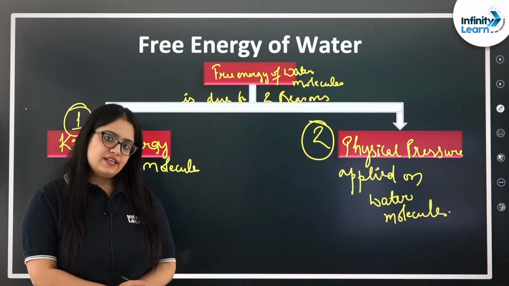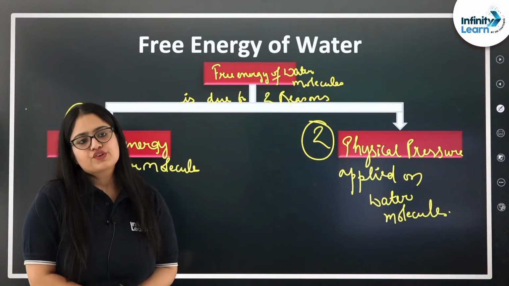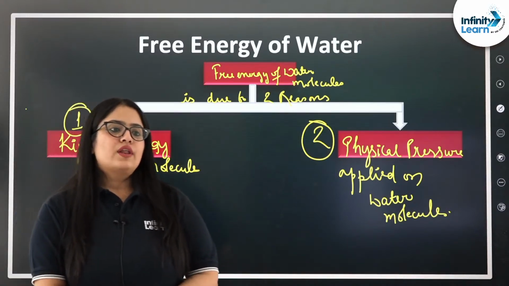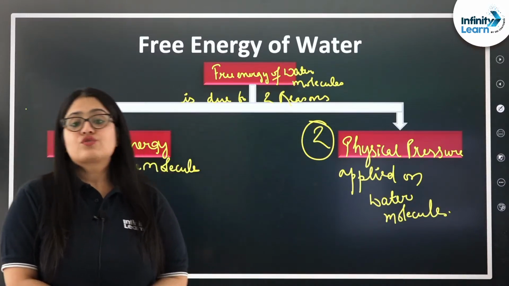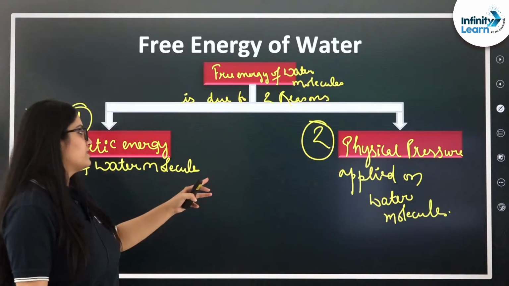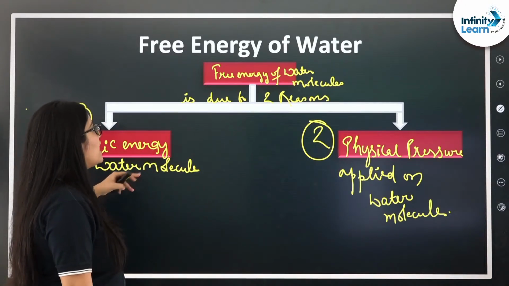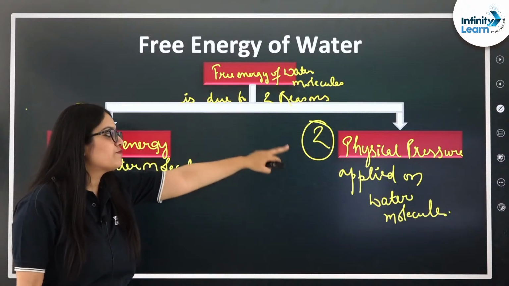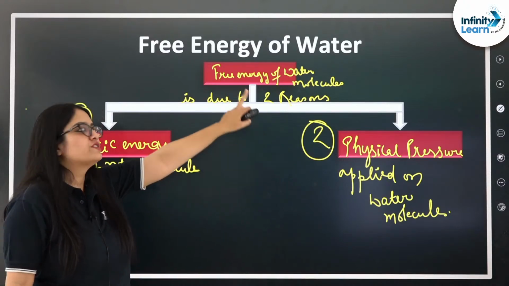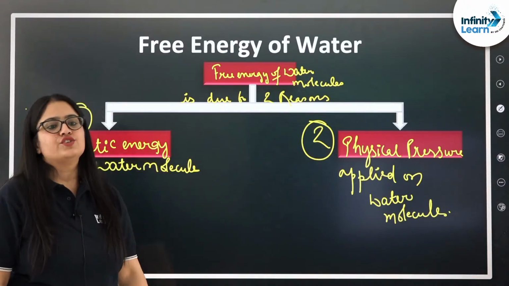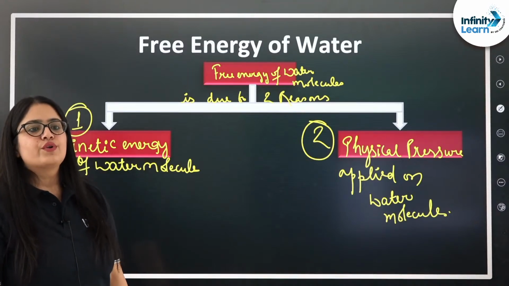One is the kinetic energy and another is the physical pressure. Now let me throw some light on these two topics: how kinetic energy affects the free energy of water and how physical pressure applied on the water molecules is going to affect the free energy of water. So this is what we are going to discuss, right?